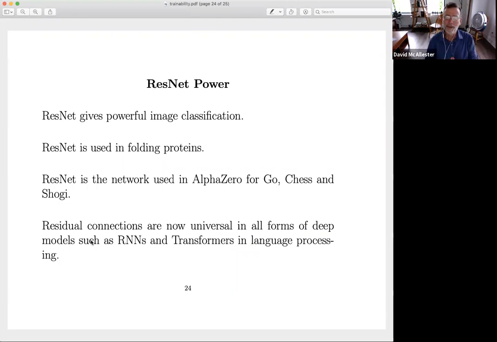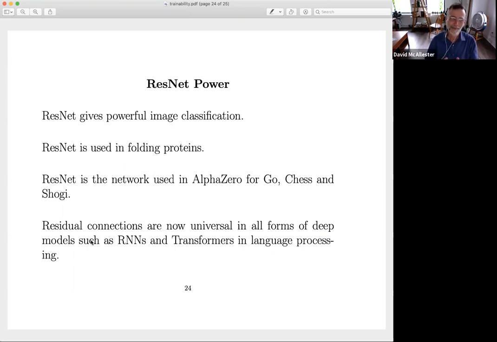It's worth pointing out that ResNet is my favorite example of this idea that deep networks are expressive and trainable and therefore can do anything. ResNet really significantly improved image classification. ResNet is used in protein folding.